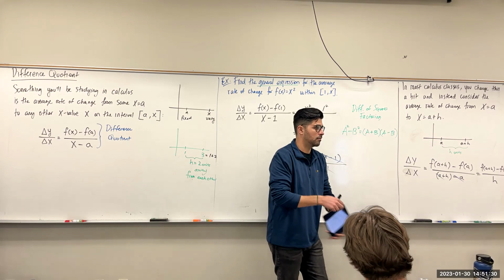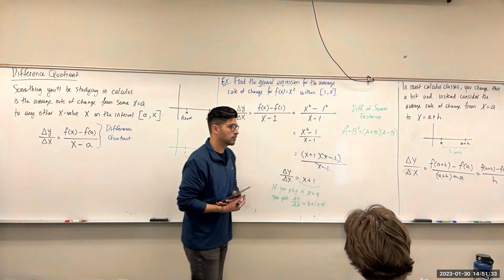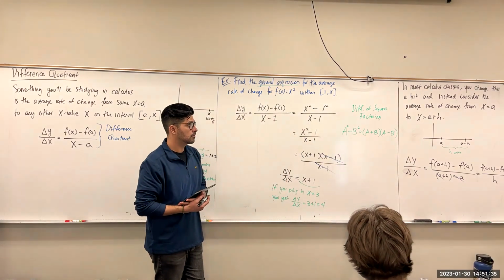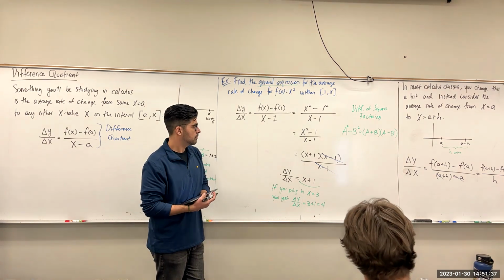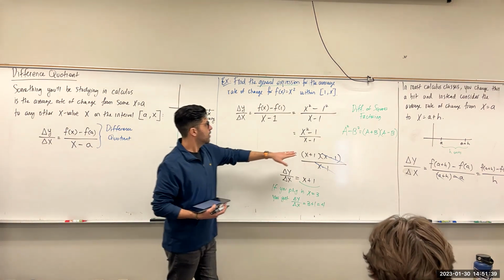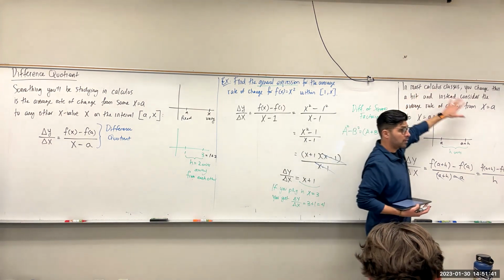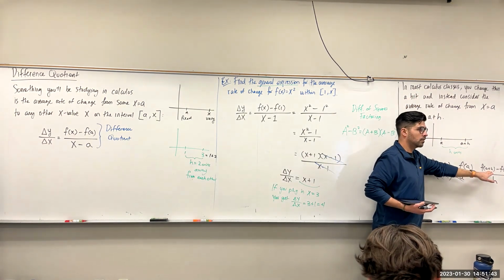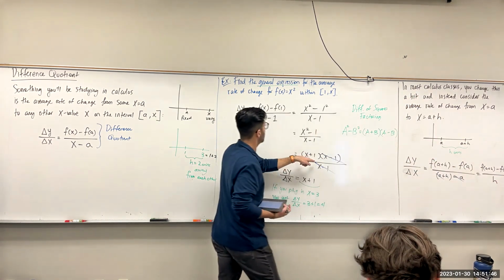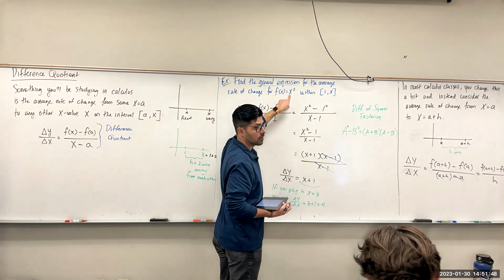Question. On that one, the x subtract one, they crossed out. Why on this one is a plus h and a plus h crossed out? Well, right now, this is a general formula for any function. This one was true for only this specific function.